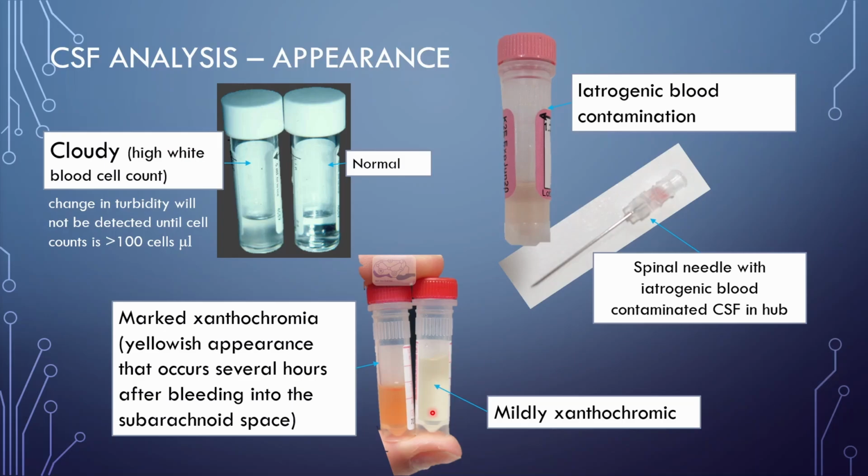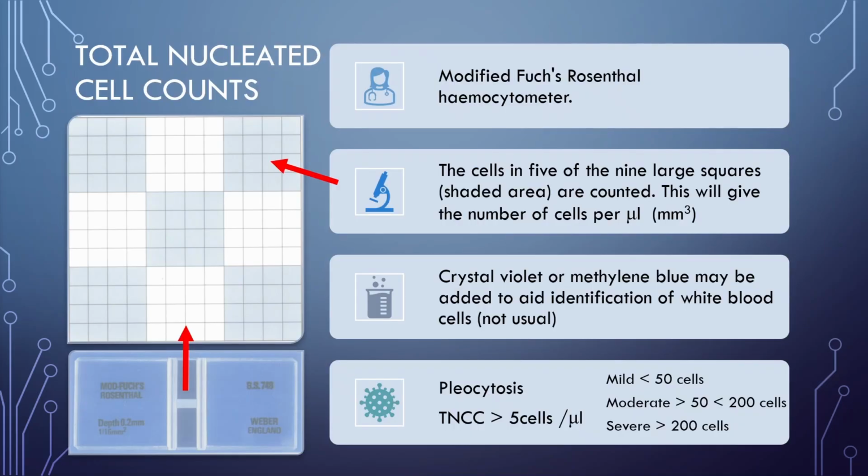So this was the cisternal space, and this was the lumbar space in a dog with steroid responsive meningitis arteriitis. In that autoimmune disease, there is inflammation of the blood vessels, and you may get bleeding into the subarachnoid space. So after inspection of the CSF, you then do a cell count.